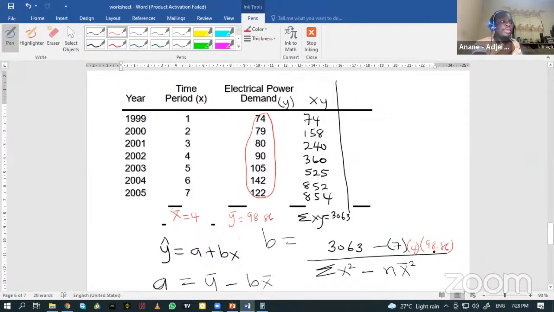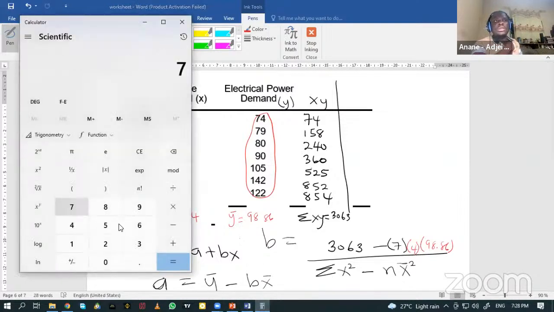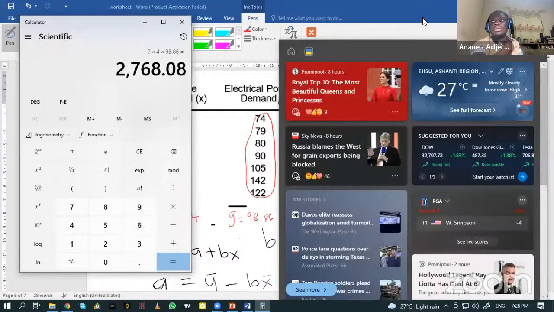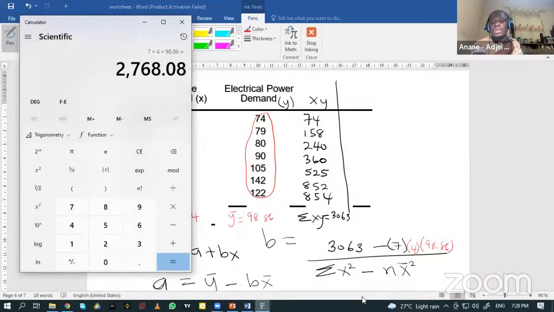What is going to be the figure? 7 times 4 times 98.86, which is 2768.08.